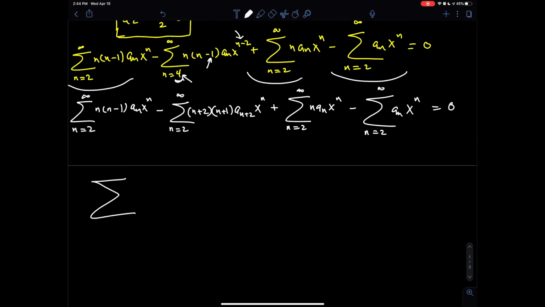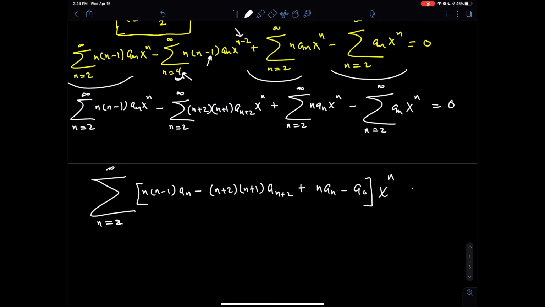So I have the sum from n equals 2 to infinity of n times n minus 1 an minus n plus 2 times n plus 1 a n plus 2 plus n minus an, and all that is x to the power of n, equal to 0. Now, again, the only way this could be 0 is for all that to be equal to 0.